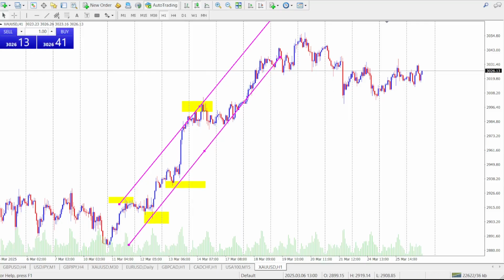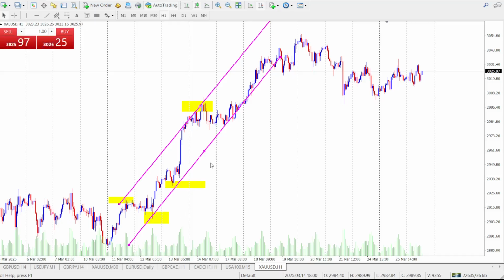Once you have identified two higher highs and two higher lows, you draw a trend line connecting the swing highs and another trend line connecting the swing lows.